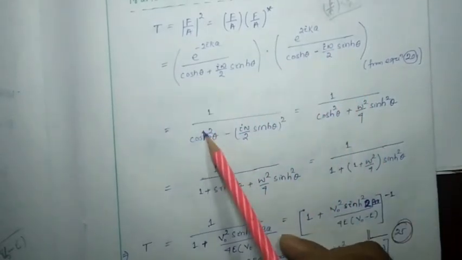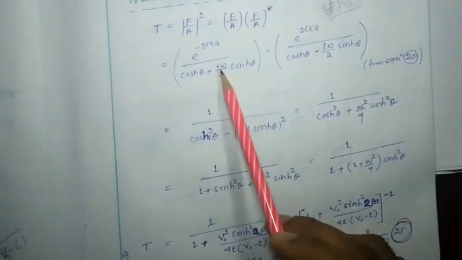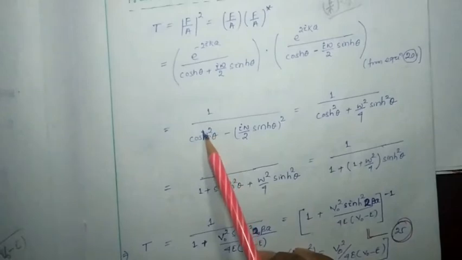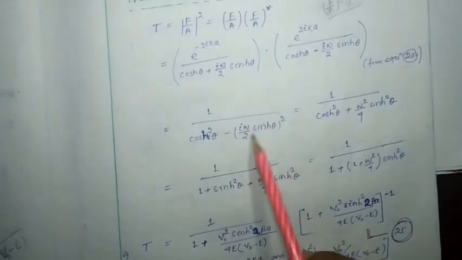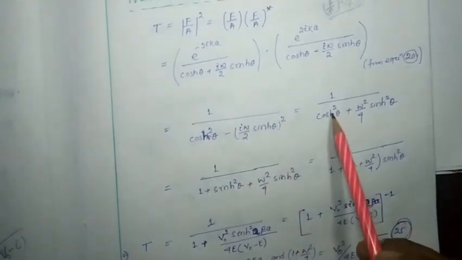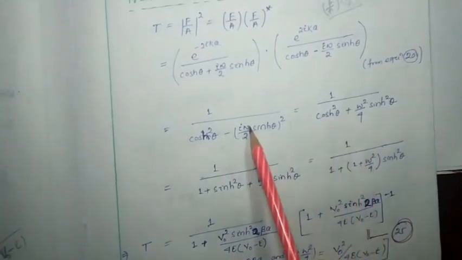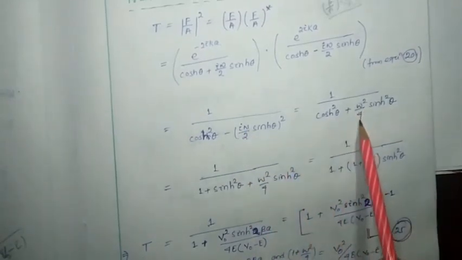So it will be cosh square theta, and a square minus b square, meaning i omega by 2 sinh theta square. So i square will be minus 1, giving plus omega square by 4 sinh square theta.